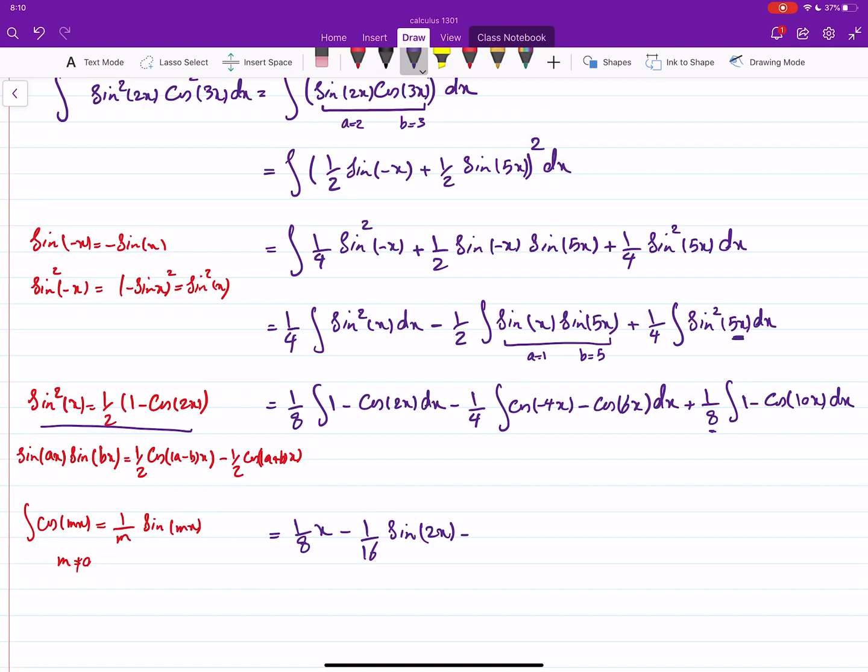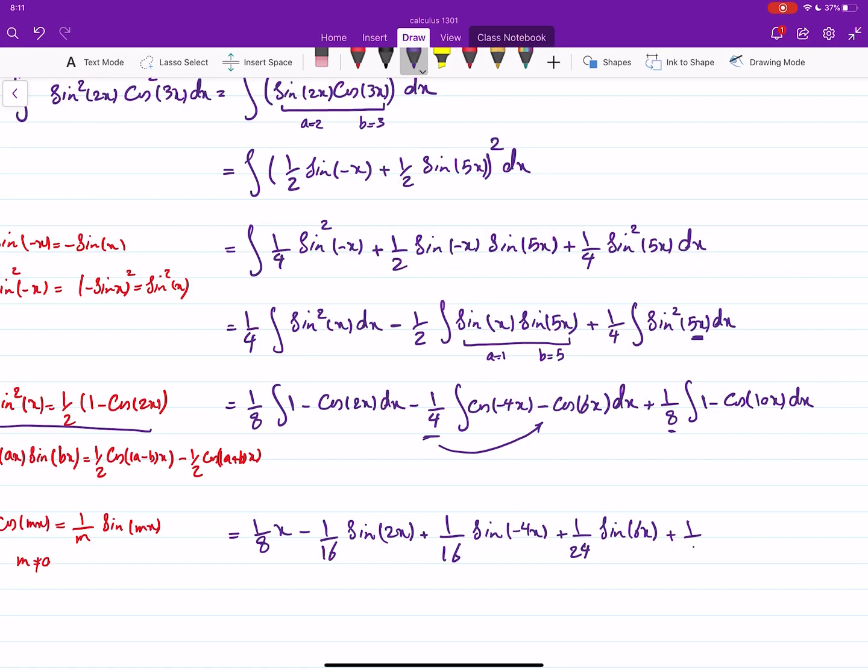The same story repeats itself here, so it is 1 over 16, plus sine of negative 4x. There is another minus, so this is plus 1 over 4, negative 1 over 4 were outside. I multiply inside. There's 1 over 6 there, so this is 1 over 24 sine of 6x.